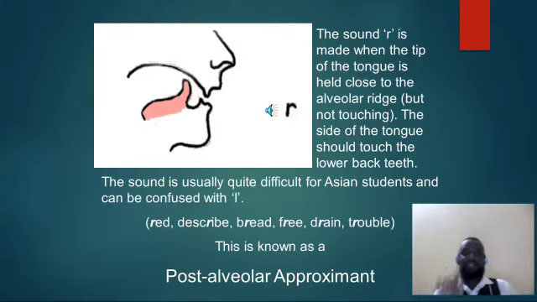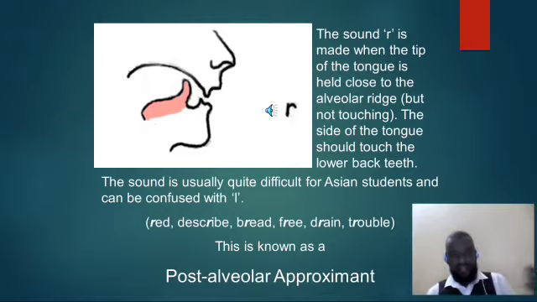It is made when the tip of the tongue, look at the diagram, the tip of the tongue is still close to the alveolar ridge, curled back, but not touching the alveolar ridge. The condition is that it is not touching the alveolar ridge.